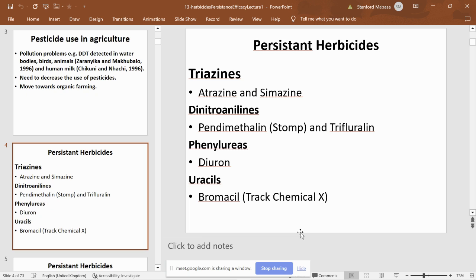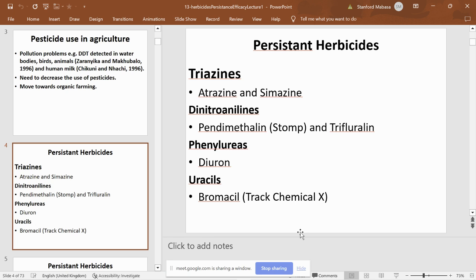Dinitroanilines: pendimethalin (Stomp) and trifluralin. Phenylureas: diuron, yes, diuron can be very persistent. Uracils: bromacil, or trichemical X.